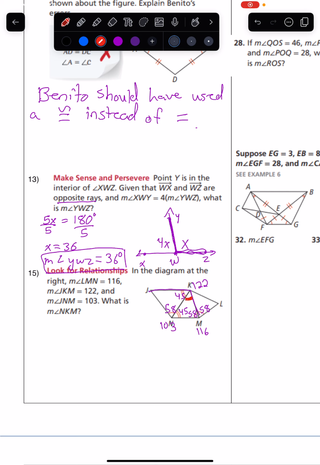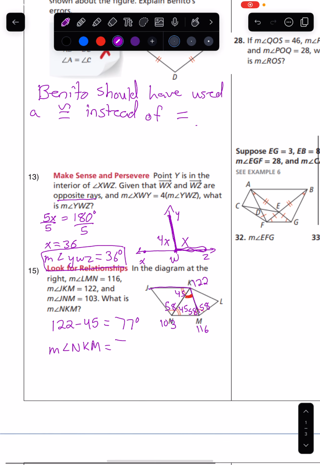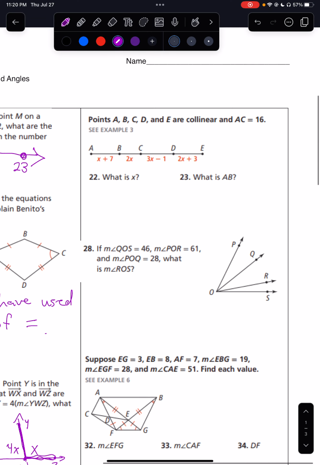So when we're looking for that angle, I know that JKM is 122 degrees, which means if I do 122 minus 45, I get 77 degrees. So the measure of angle NKM is equal to 77 degrees. All right, let's keep going.